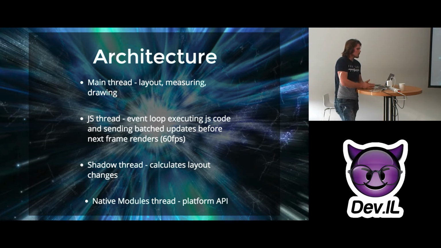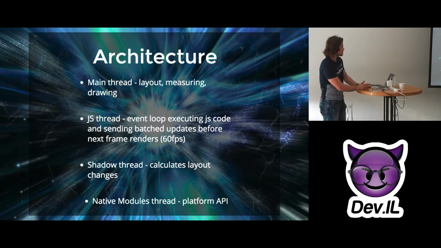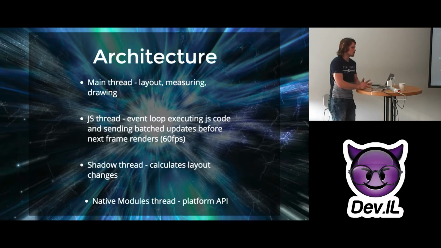So the React Native architecture looks like the following. We have several threads running on our mobile device. We have the main thread, which is basically the native thread of our mobile. It's used for layout, for measuring, and for drawing.